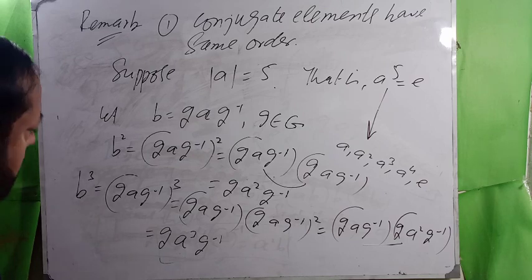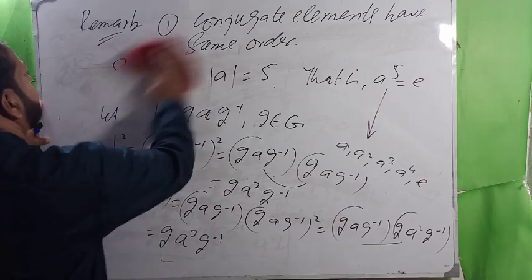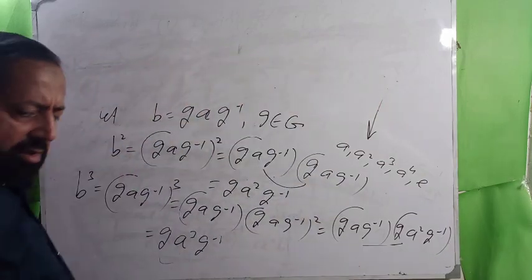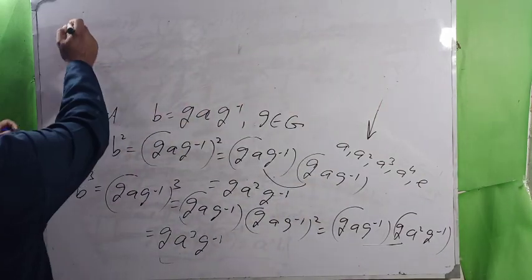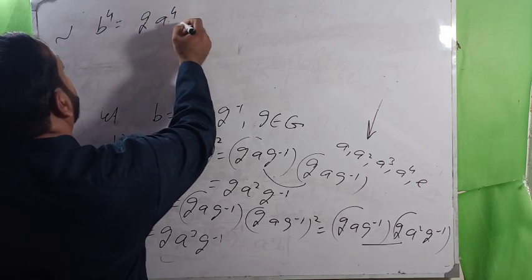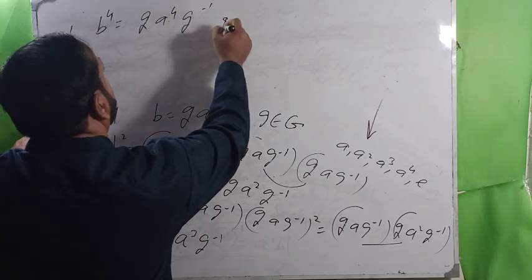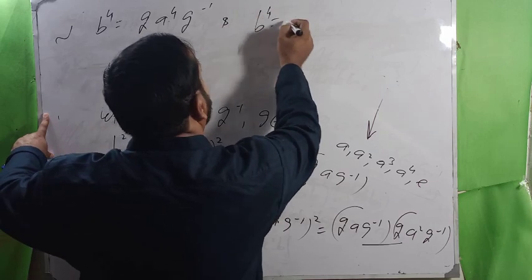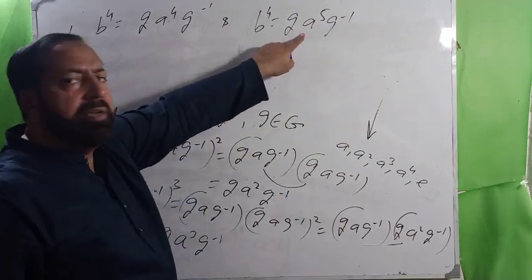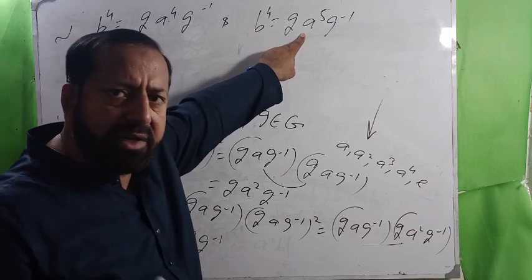Of course, if you continue in this fashion, similarly you can find that B^4 is in fact G A^4 G inverse, and B^5 must be equal to G A^5 G inverse, and you know that A^5 is equal to E because the order of A is 5.